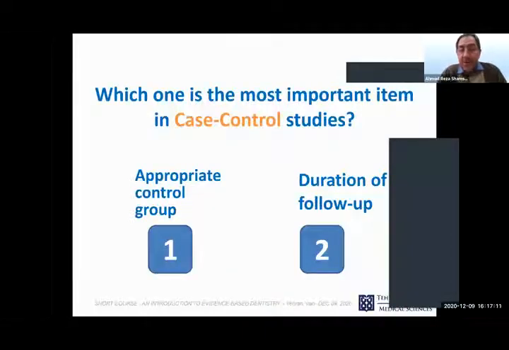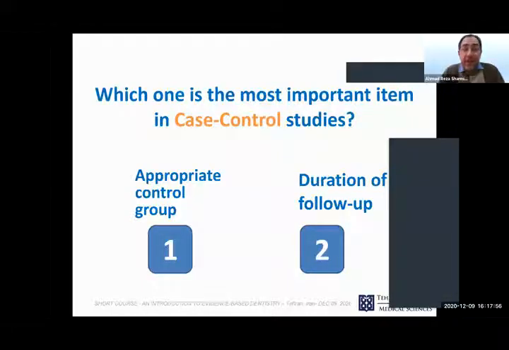If the researcher makes a mistake in getting appropriate controls, the association between exposure and outcome may become underestimated or overestimated. Consider, for example, a researcher who wants to show the relationship between smoking and oral SCC. In a cancer hospital, we have some oral cancer patients. We ask them about their history of smoking.